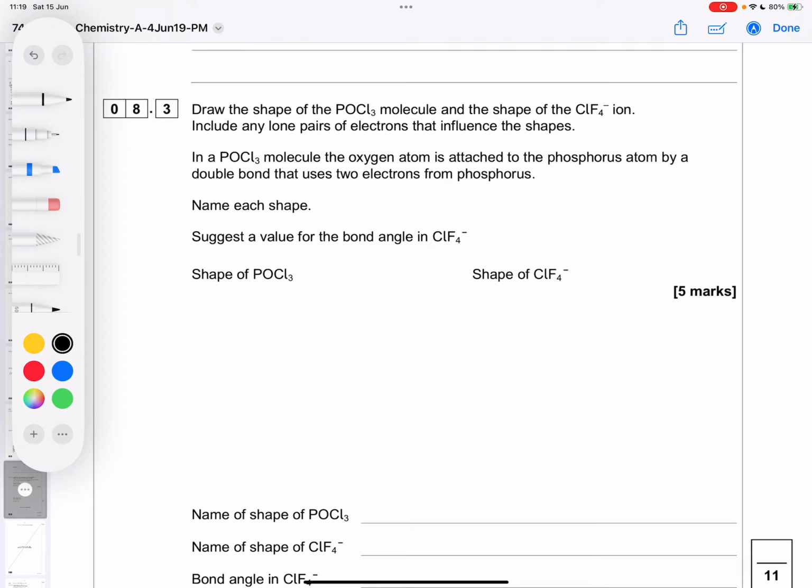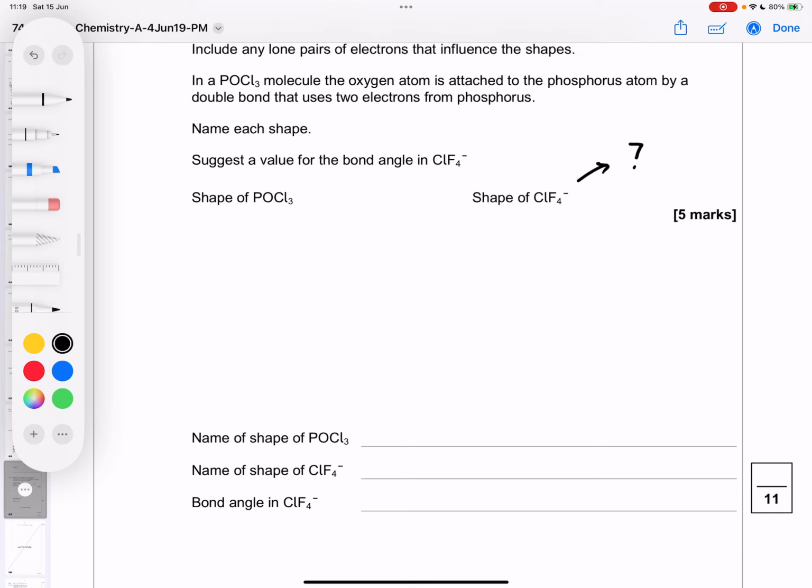So chlorine is in group 7, so brings 7 electrons to the valence shell. Each fluorine bonds to the chlorine, bringing 1 electron. So that's an extra 4. And a minus charge is an extra electron. So if we add this up in total, we've got 12 electrons or 6 pairs. 6 pairs of electrons around the chlorine, but only 4 bond pairs. So we would have a lone pair at the top and a lone pair at the bottom.